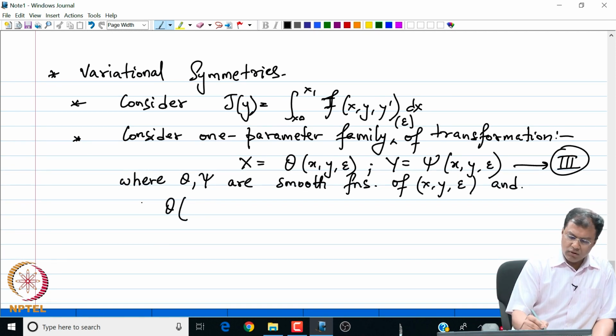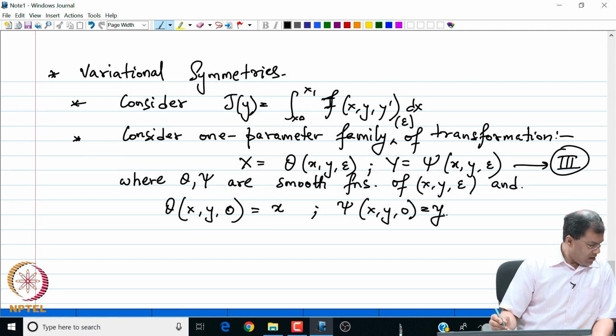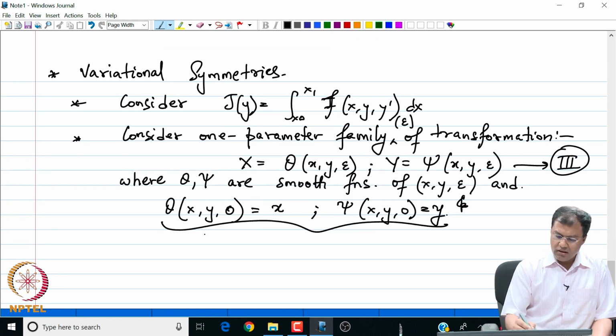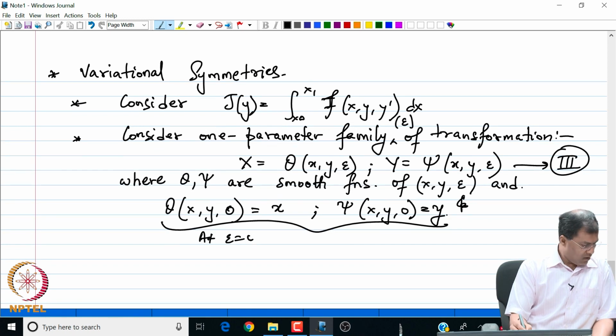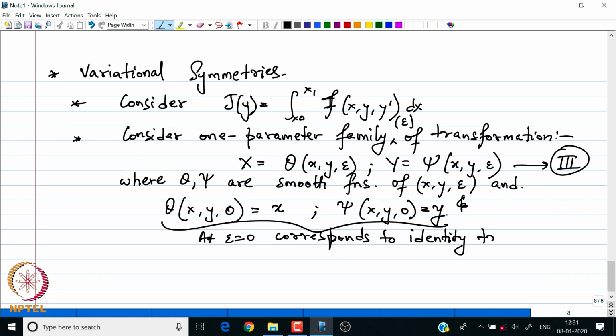We put the constraint that theta of x, y, 0, that is at epsilon 0, theta goes back to our identity transformation, right. So, psi of x, y, 0 is equal to y, right. So, this constraint means that epsilon equal to 0 corresponds to the identity transformation. Okay.